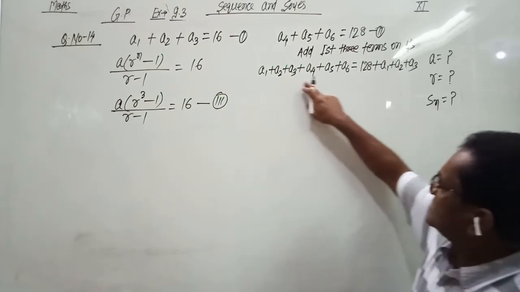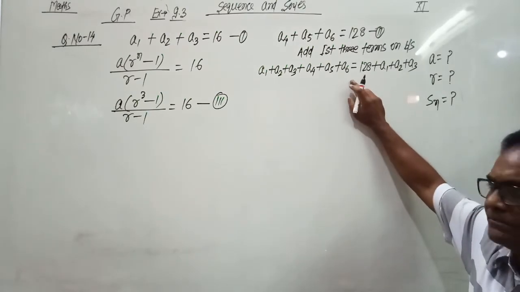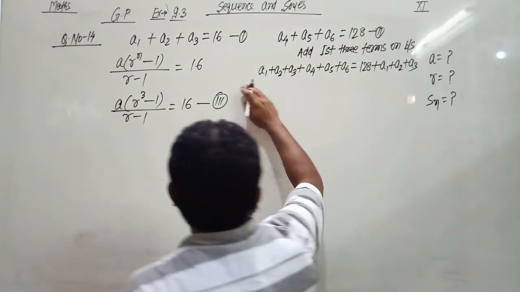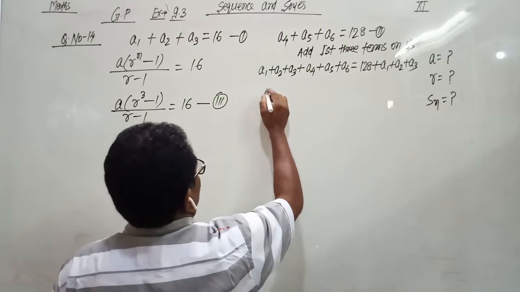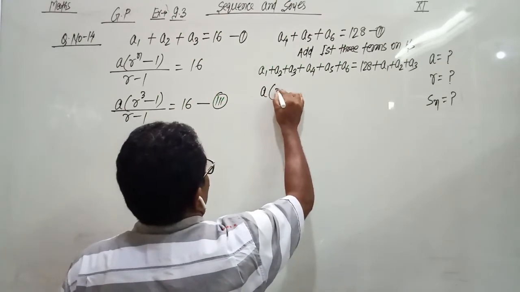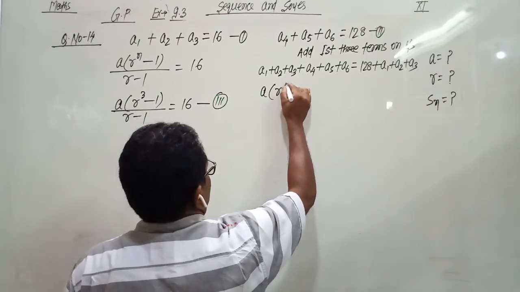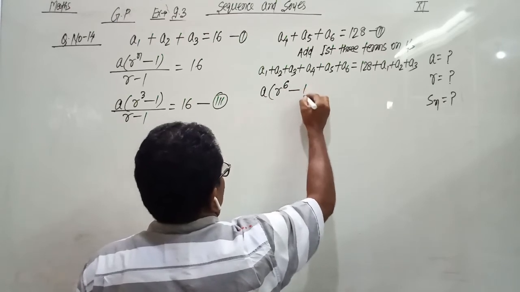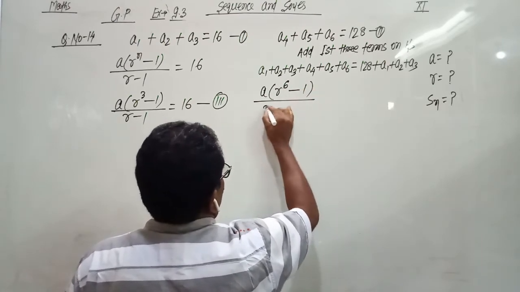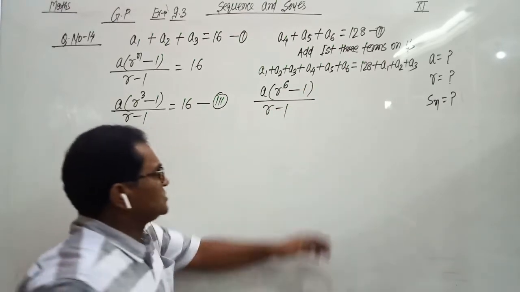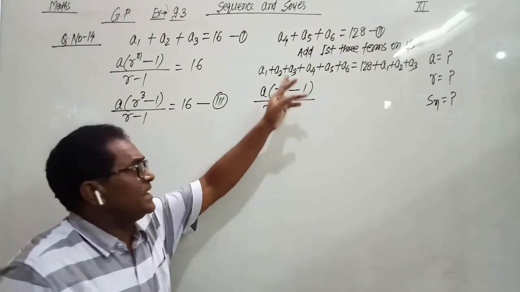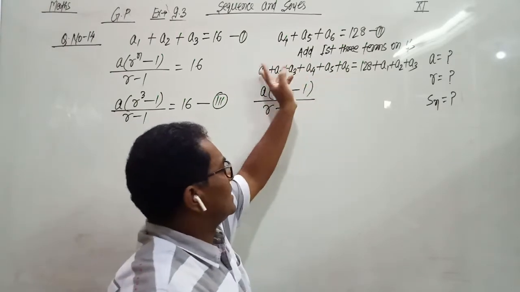So this becomes the first six terms of T, and we use the formula for the first six terms. A into R raised to the power n, here 6, minus 1 upon R minus 1. Why do we use 6? Because in place of n there are a total of 6 terms.